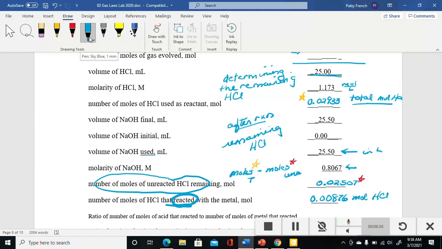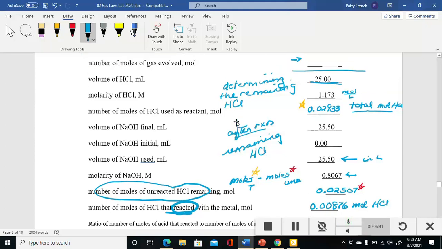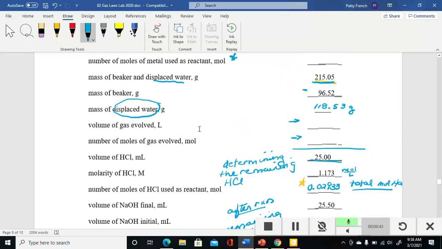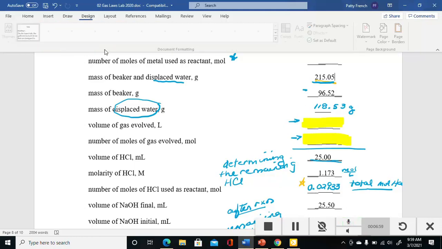All right, now that we have all that data, we're going to be determining a few things. First of all, the volume of gas evolved from the mass, and therefore the number of moles of gas evolved from the volume.